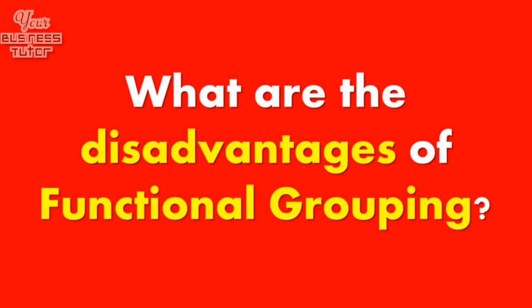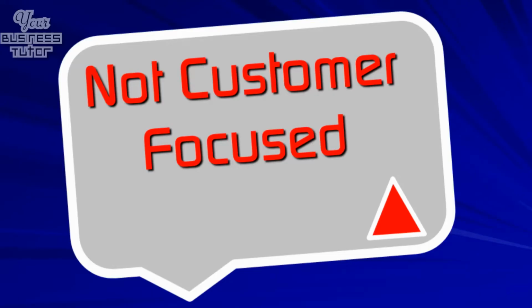So let's now turn to our final question and ask, what are the disadvantages of functional grouping? Probably the major issue with functional grouping is its lack of focus on the customer or the products the business sells. Each functional department is more concerned about itself and its status rather than the customers who generate the income for the business.